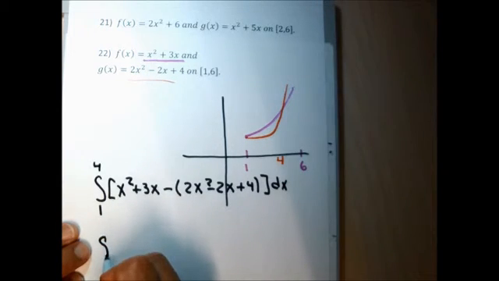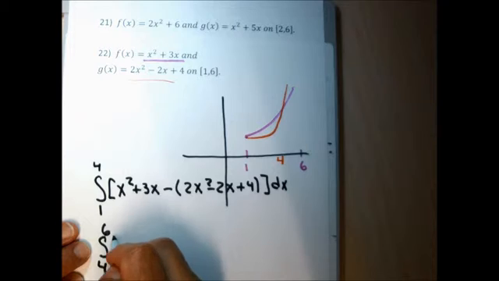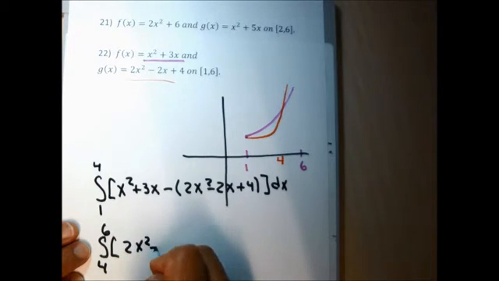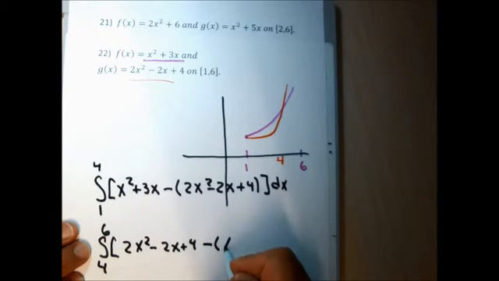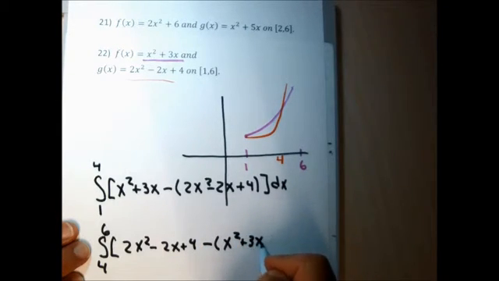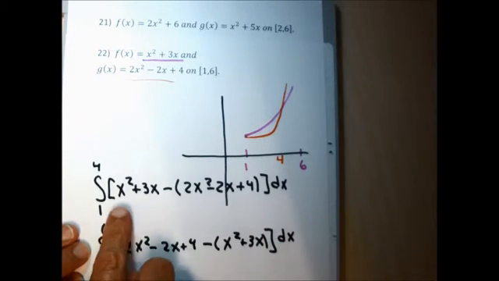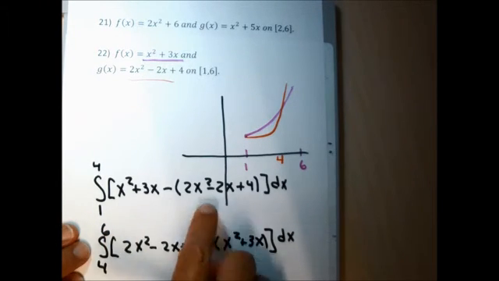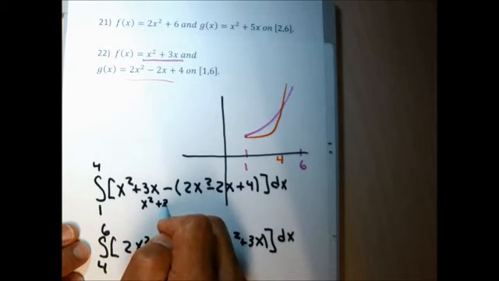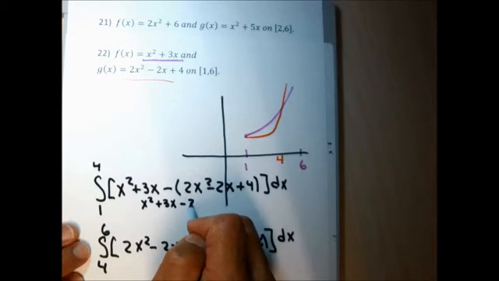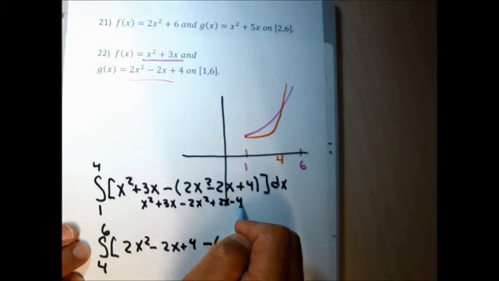And then I need to go from 4 to 6. And from 4 to 6, I need the orange function on top. For both of these functions, I should clean this up. So for this function, cleaning this up, you have an x squared plus 3x minus 2x squared plus 2x minus 4.